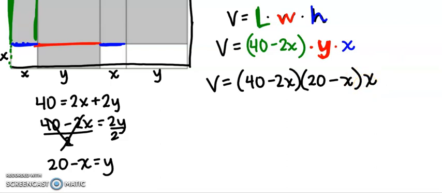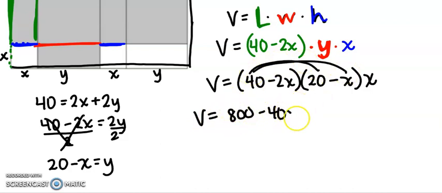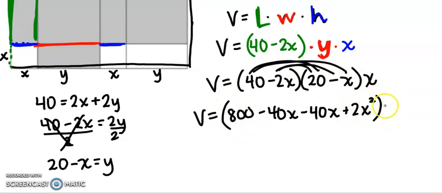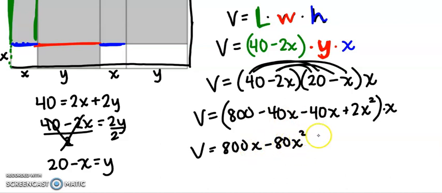All right, from here then, I could take the derivative and find the maximum volume, but I want to do a little distributing first to get me to a polynomial to take the derivative. So volume equals 40 times 20, it's going to be 800 minus 40x minus 40x plus 2x squared, all times x, which means my volume is 800x minus 80x squared plus 2x cubed.